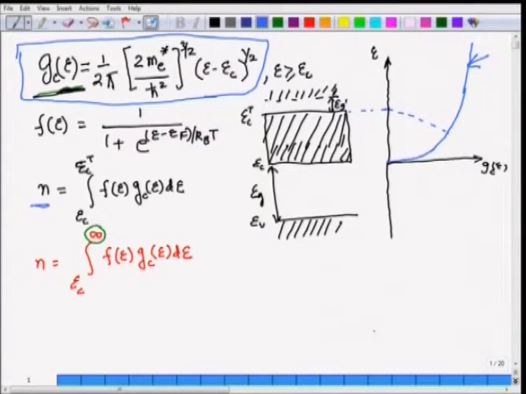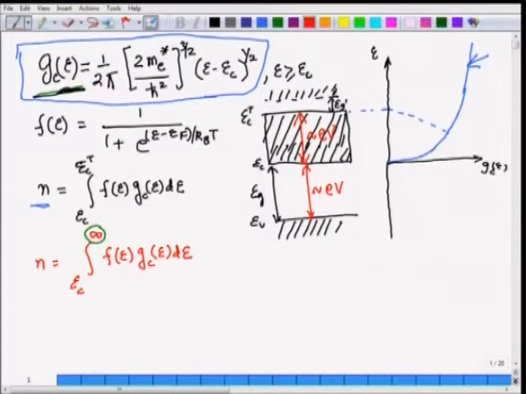The reason it will work out is because these energies are in the order of electron volts, and the band width of the band is also several electron volts.